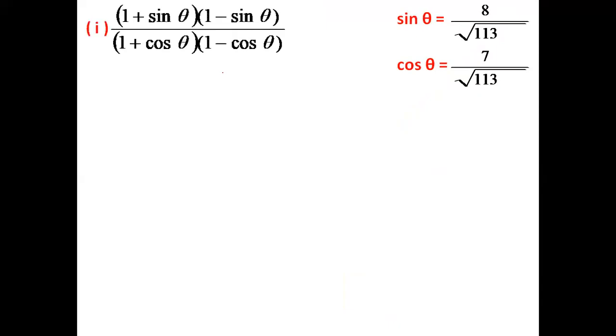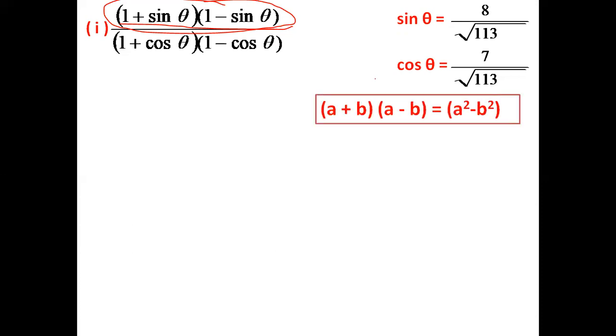So this one you have to find. If you observe the numerator in the first problem, (1 plus sin theta)(1 minus sin theta), now you compare this with the formula (a plus b)(a minus b) is equal to a square minus b square. In place of a, 1 is there, and in place of b, sin theta is there.